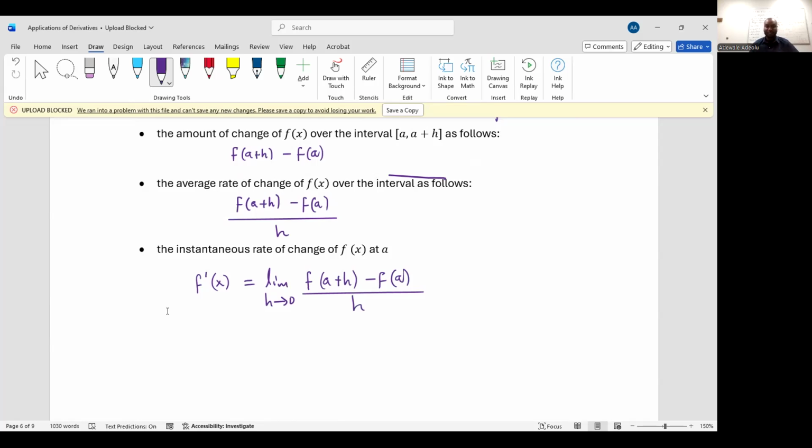So that is the instantaneous rate of change. I've said this exactly when I was trying to solve a problem here today.